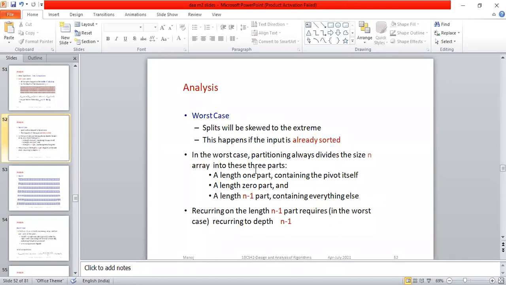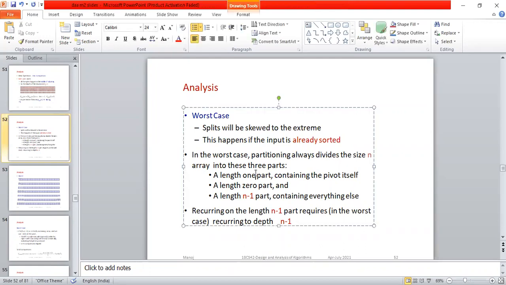Okay. So first you divide a partition for the worst case. First you take the pivot element. Next you take the 0 part and the n minus 1 part. So the length 1 part you take as the pivot. If 1 is the pivot element, the left part should be less than 1.